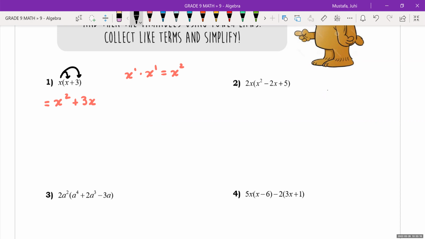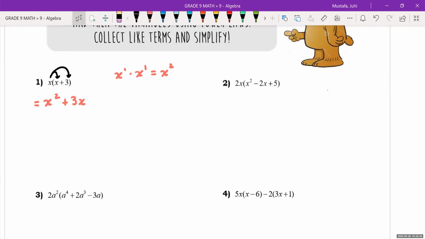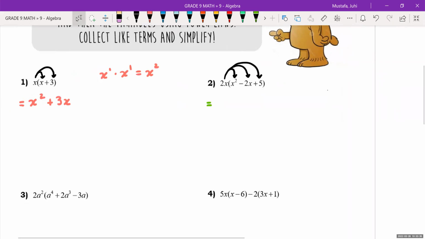Questions about that? Yes. In a bit. Let's look at question number 2. For question number 2, we're going to multiply 2x times x squared, then 2x times -2x, then 2x times +5. Okay. I'm actually just going to show you some of the work on the side in case you prefer that.